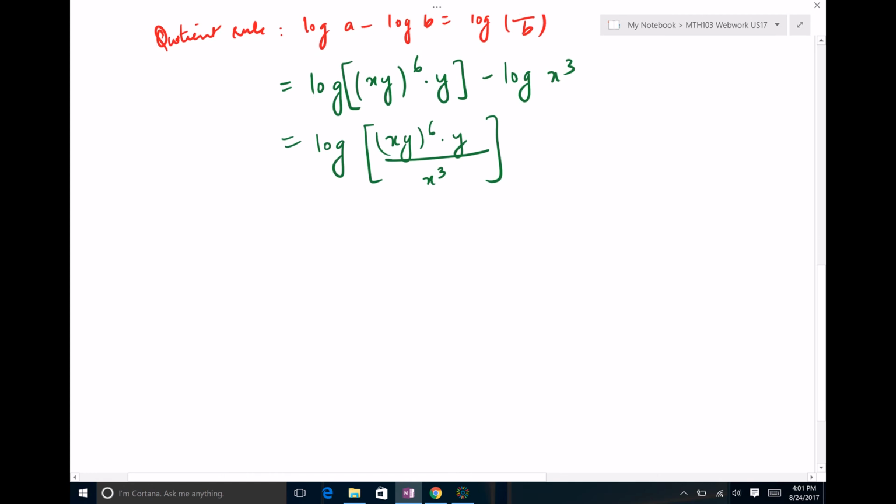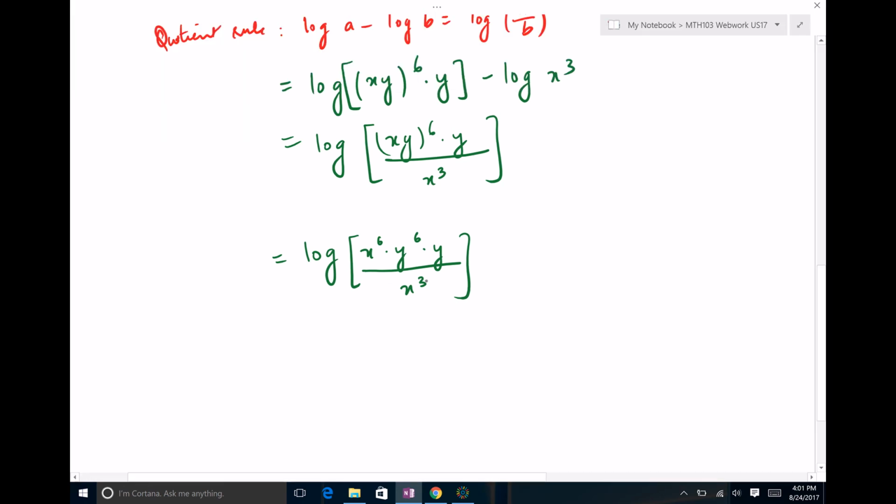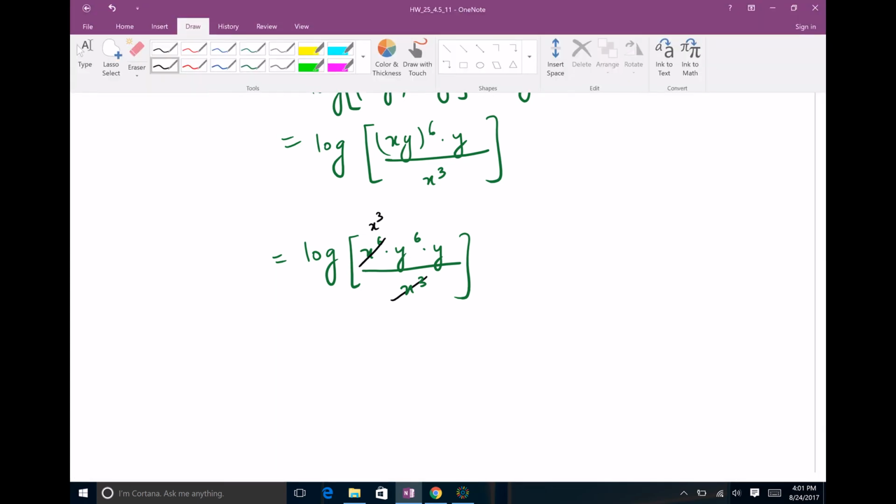Okay, now let's try and simplify this expression as much as possible. I have log of x to the 6th times y to the 6th times y over x cubed. We can cancel some of the terms here. So x cubed and x to the 6th cancel to just leave x cubed. And y to the 6th times y will be y to the 7th.